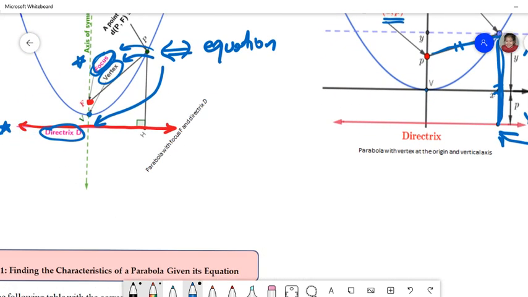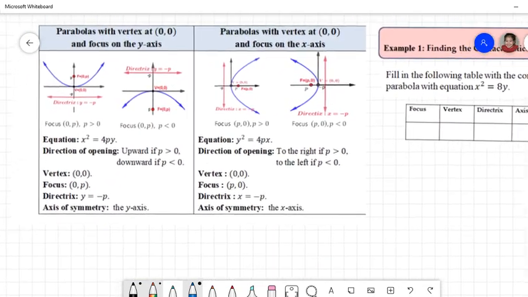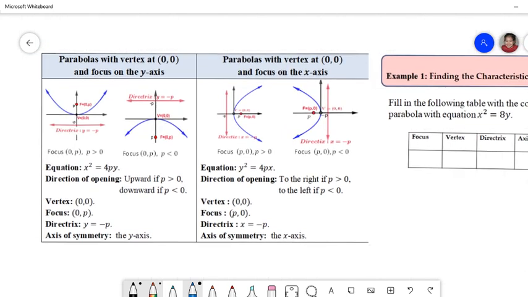Now, the important point here is we might have parabolas whose vertex is at (0, 0). We might have different types. One is like the vertical parabolas, and these are horizontal parabolas.